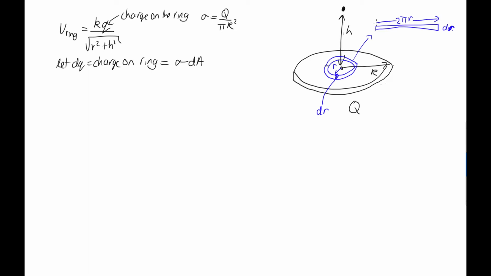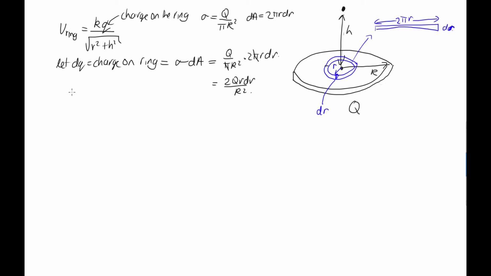So that's from there to there. And so the total area dA is given by 2 pi r dr. Okay, so we can substitute these in here, and we've got Q over pi R squared times 2 pi r dr. These pi's cancel, and we end up with 2Q r dr over R squared.